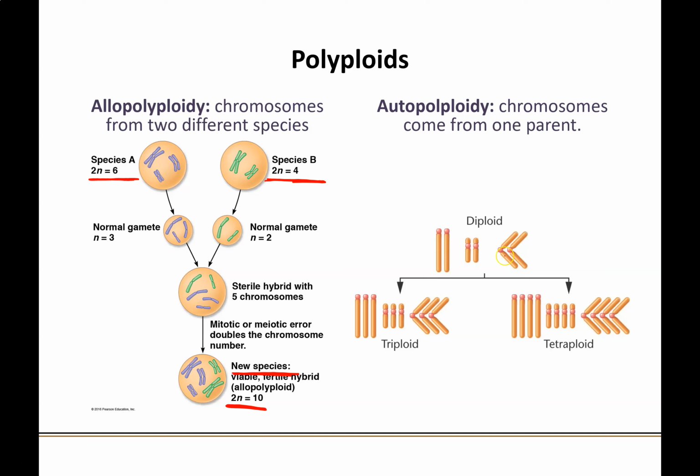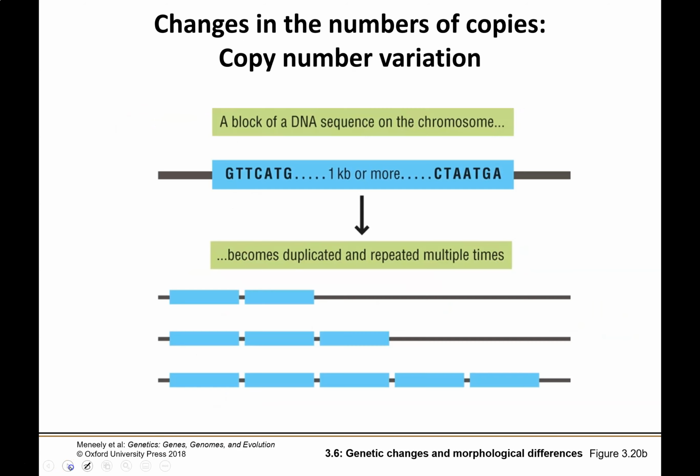So a couple different options here are going from diploid to triploid, where you get one copy of each of the chromosomes you already have, or tetraploidy, where you get a copy of both chromosomes that you already have. The difference here is that allopolyploidy is a combination of two different species. Autopolyploidy is one parent ending up with duplicated genetic material and passing on that to the next generation.